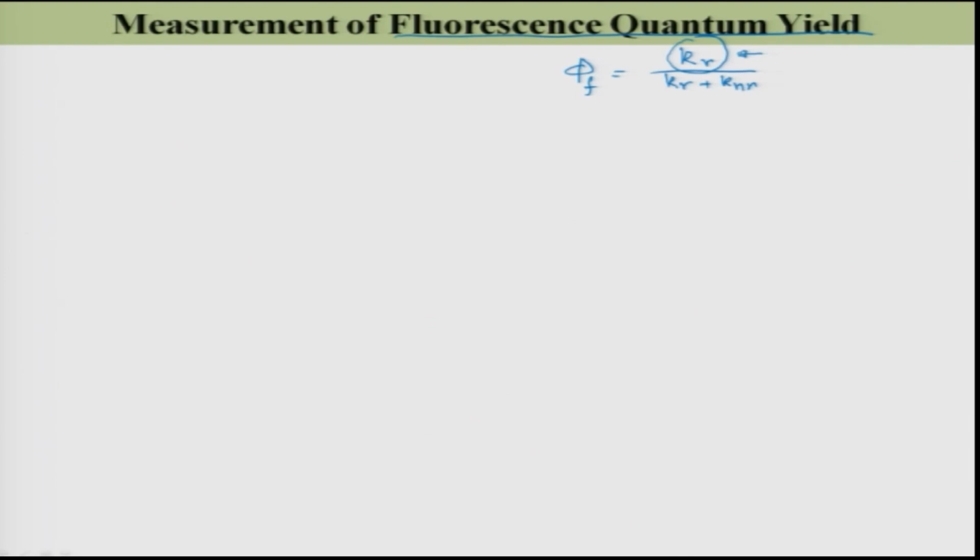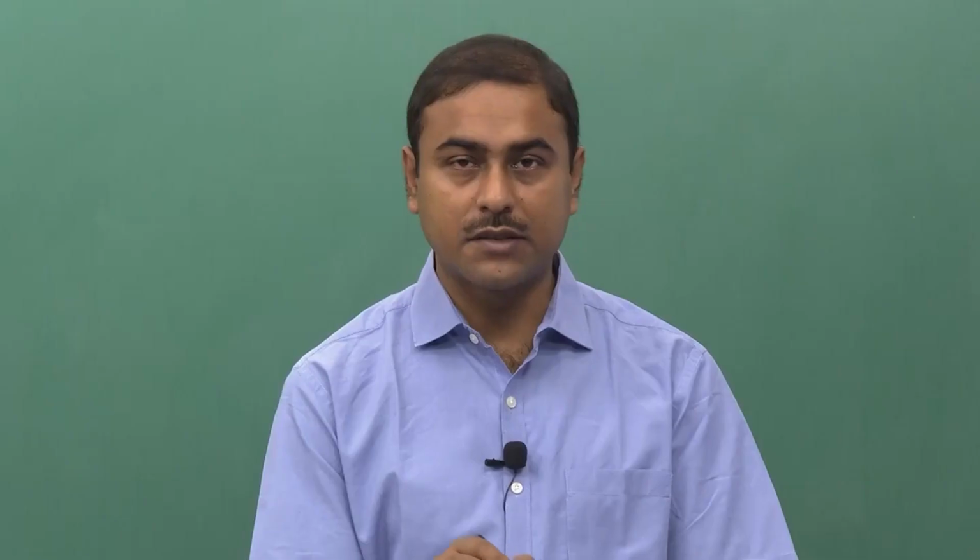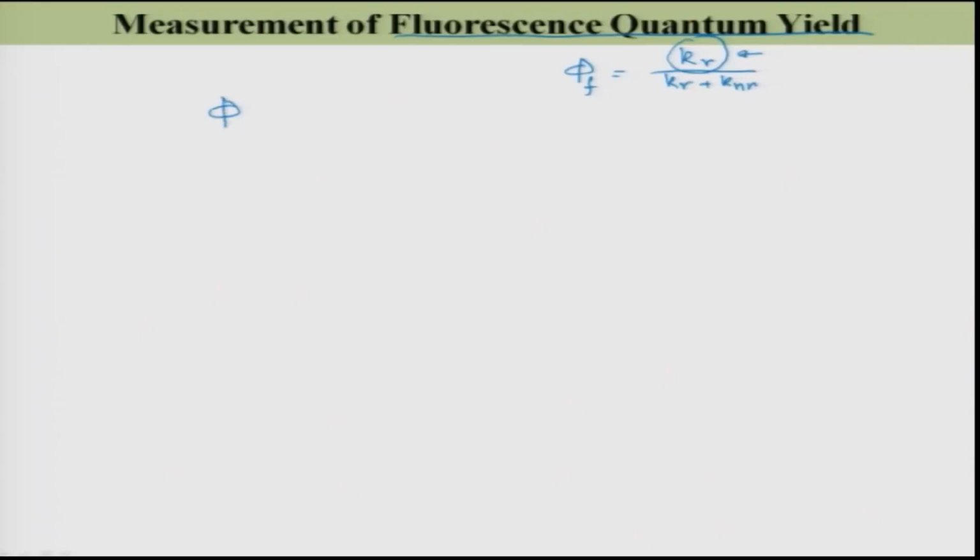So, how are you going to measure it, right. Let us say that you have a sample and its fluorescence quantum yield is phi f s. So, I want to measure it. I can simply write the fluorescence intensity coming out of the sample, so I will write it as I intensity of fluorescence of the sample divided by the absorption intensity of the sample, I A S. Now, this fluorescence intensity of a sample is a measurable quantity, right.